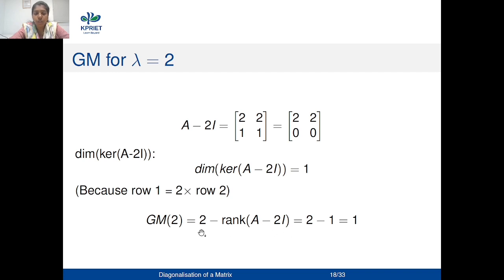I told you before, this 2 is nothing but the dimension of the original matrix, and the rank is nothing but the number of rows whose entries are not all 0, which means there should be at least one entry not equal to 0. In this matrix there is one row which is not completely 0, so the rank of this matrix is 1. So 2 minus 1 is 1.